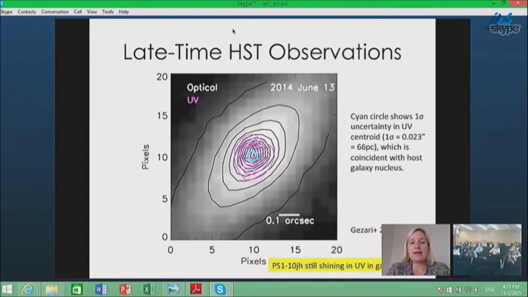So not only is this source still shining in the UV, but it is definitively within the center of the galaxy by 66 parsecs. So it is a nuclear source, and it's still shining in the UV.